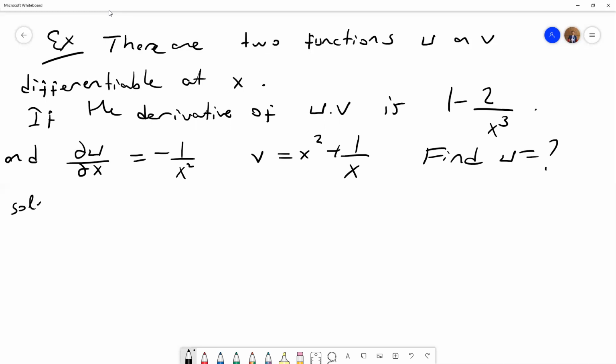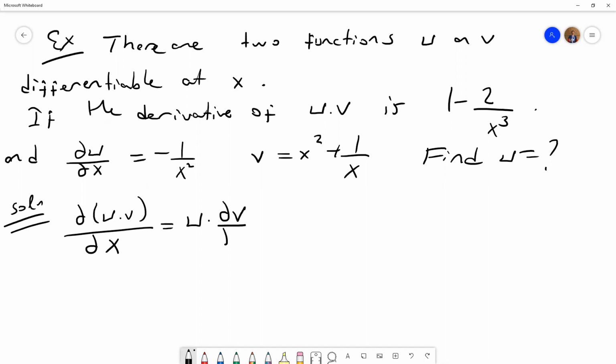So as a solution, the derivative of u multiplied by v with respect to x is equal to u multiplied by dv over dx plus v multiplied by du over dx. We know this one.